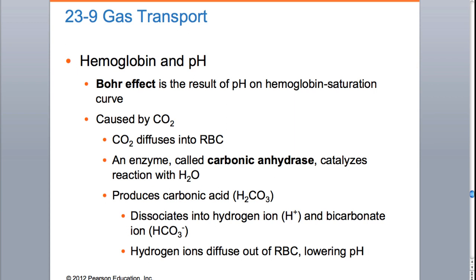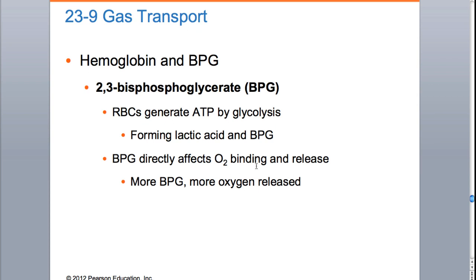Okay, next line. This is another important one. So again, these are factors that go with this. So this is the next one. So forming lactic acid, that's another reason why your blood would become acidic. Okay, so lactic acid, your blood will become acidic.